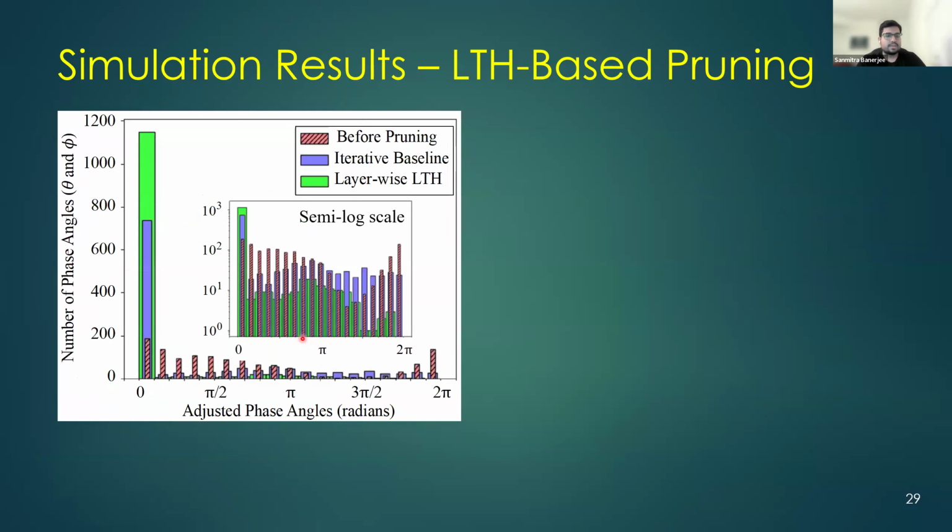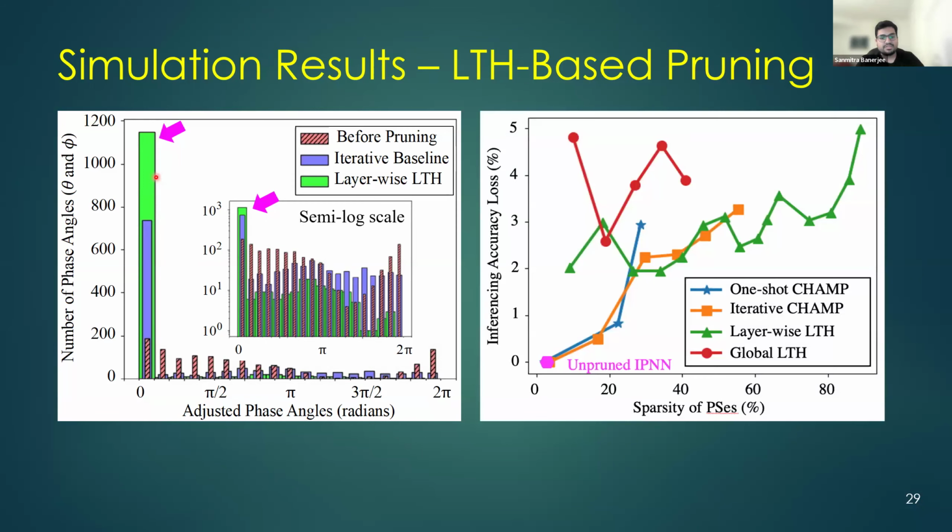Looking at the histogram, again we see similar results. Before pruning, which are the red bars, a widespread distribution of phase angles. But after pruning, most of the phase angles lie either at 0 or very close to 0. If we also compare these different approaches, magnitude pruning is good for baseline pruning where we can only afford less than 1% accuracy loss.